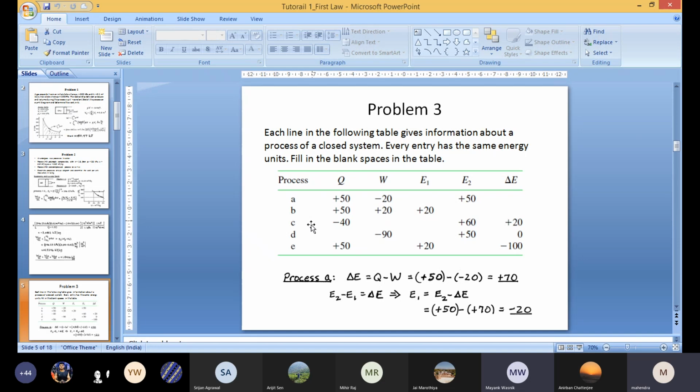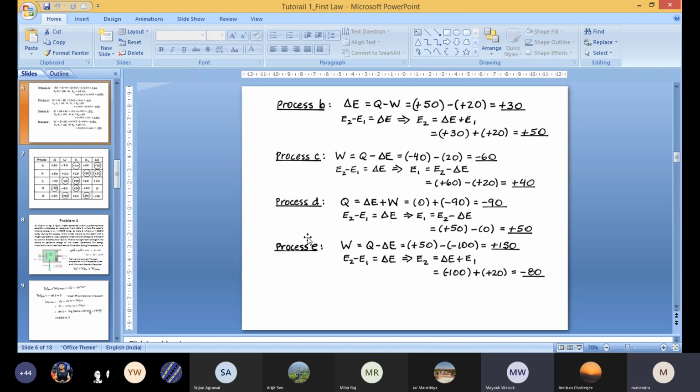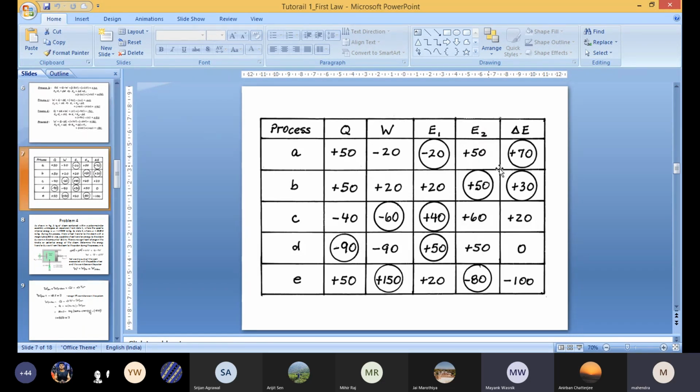Like this, once you repeat for all the processes, the only thing is you have to follow this particular formula, substitute the given values, and then calculate whatever you are looking for. This is a very simple thing.